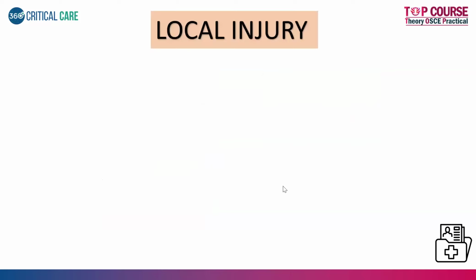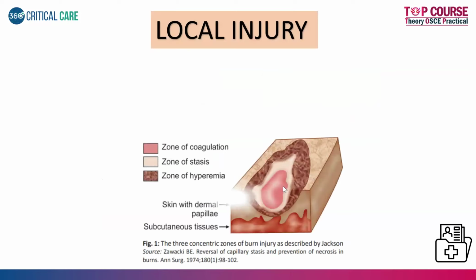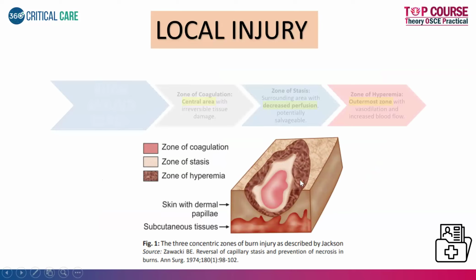Coming to local injury. Whenever we have a burn injury, it usually has these three zones in particular: the central zone of coagulation, surrounded by a zone of stasis, and the outermost layer is the zone of hyperemia.